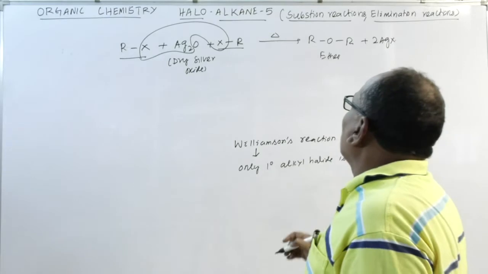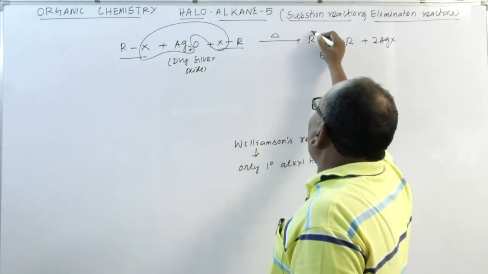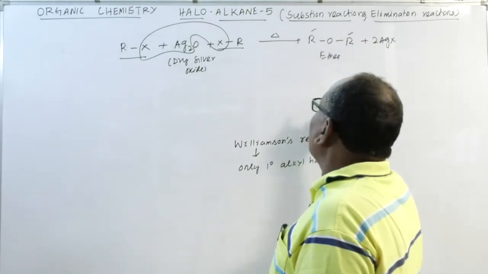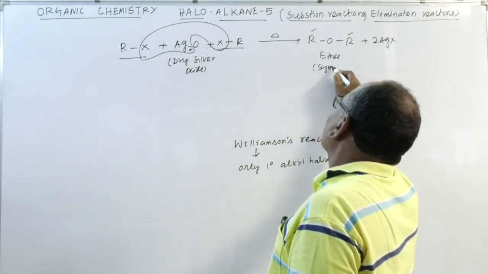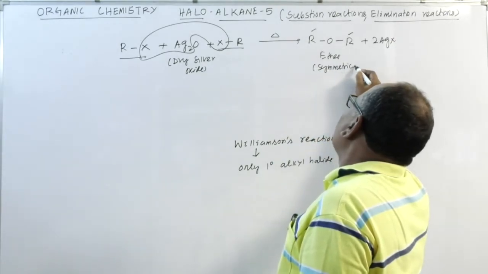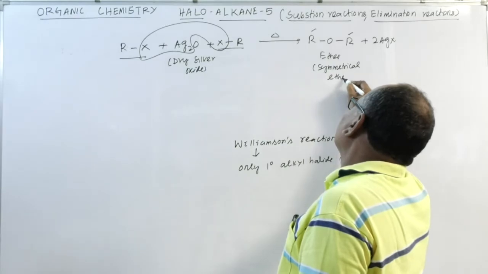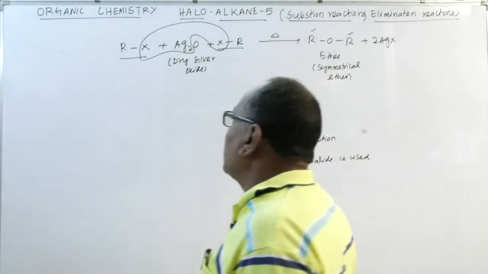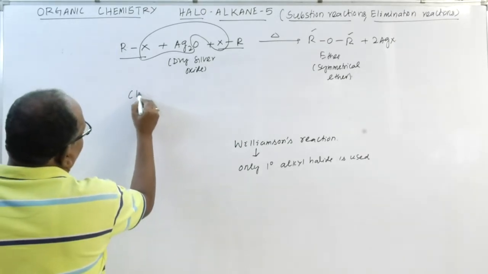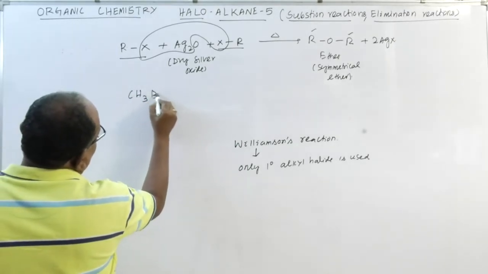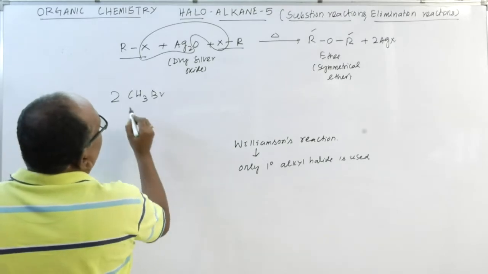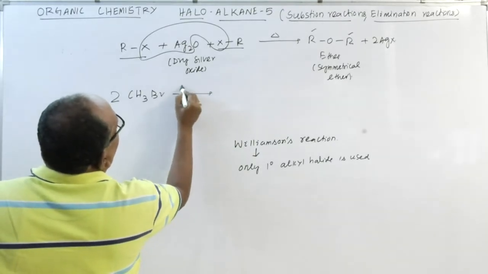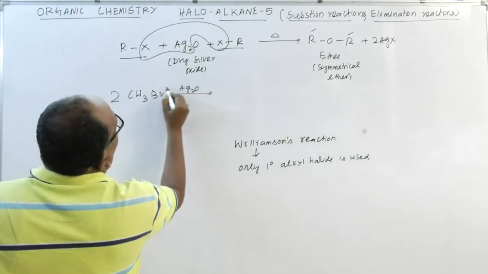Okay, so these R groups are the same. So you can say this is your symmetrical ether, means both alkyl groups are the same. Suppose you take methyl bromide heated with dry silver oxide.